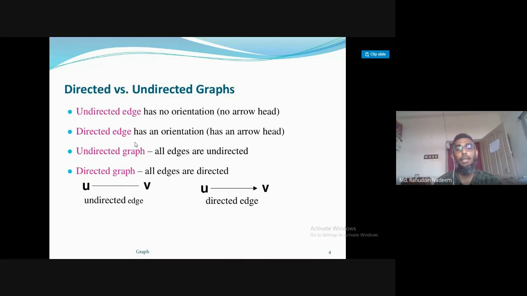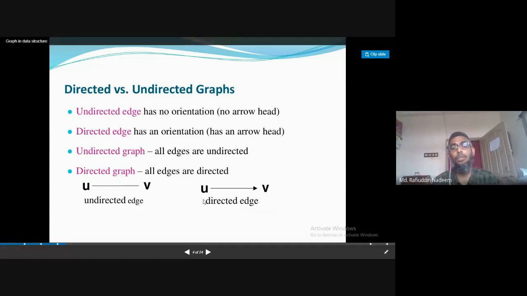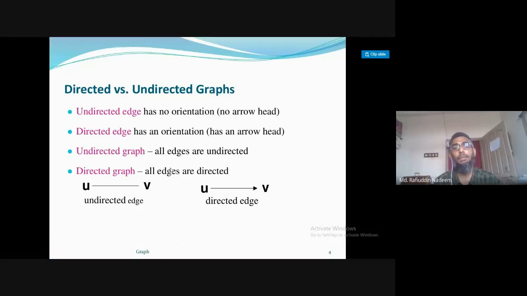Here a directed edge is from U to V. When all the edges are undirected, you call it an undirected graph, whereas in a directed graph, all edges are directed. So there are two types of graphs here: undirected and directed.